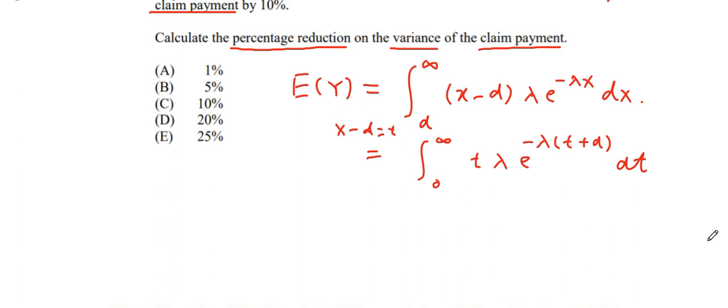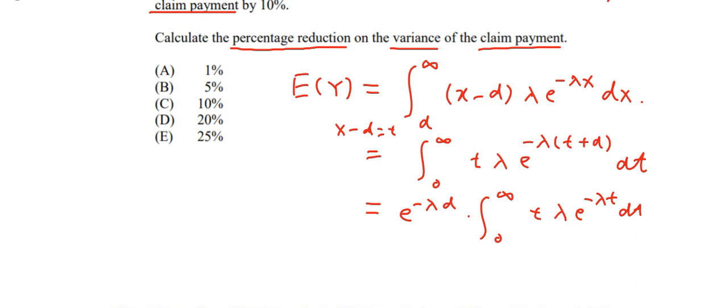So this equals e^(-lambda d) multiplied by the integral of t lambda e^(-lambda t) dt. This integration is just the mean of the exponential distribution, so 1 over lambda.